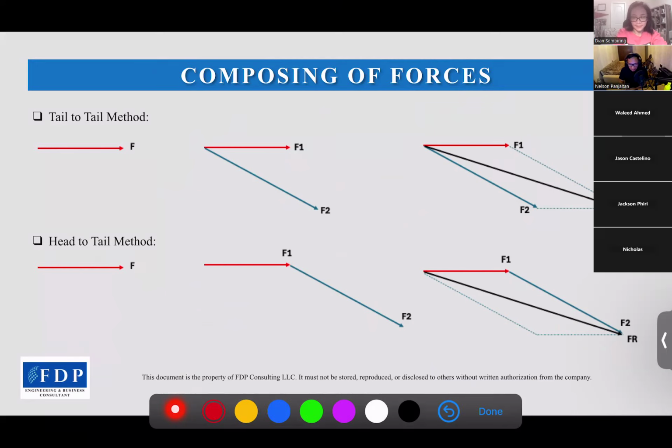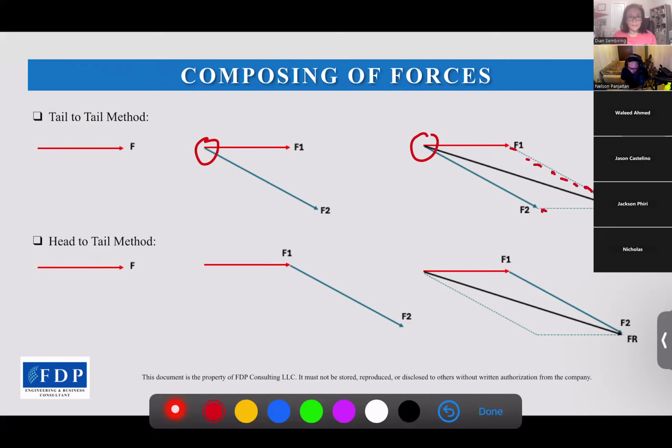For the tail-to-tail method, if we have two forces acting on one object, F1 is red and F2 is blue, we can combine them by attaching the tail of each force here, and then we draw a line, the same line as each force, on the head, like this.